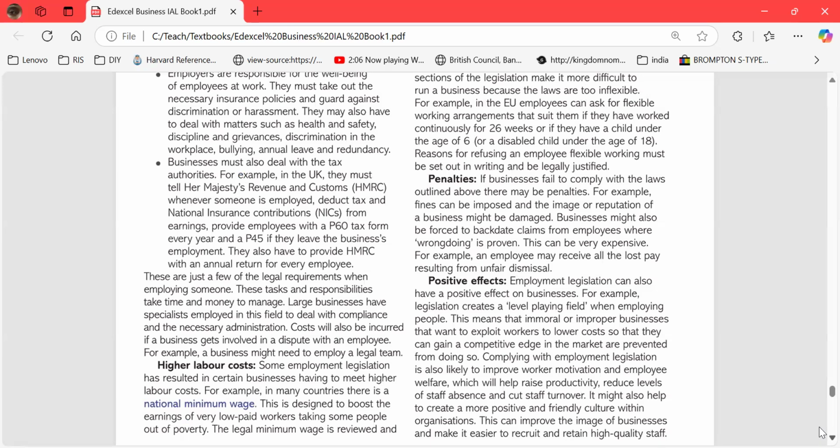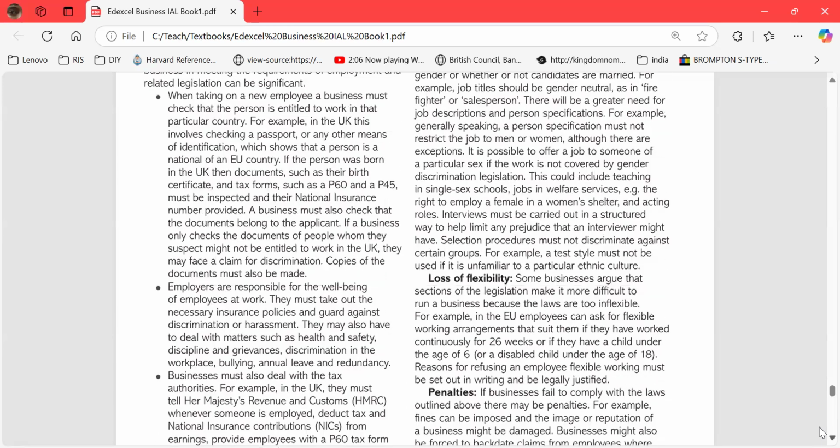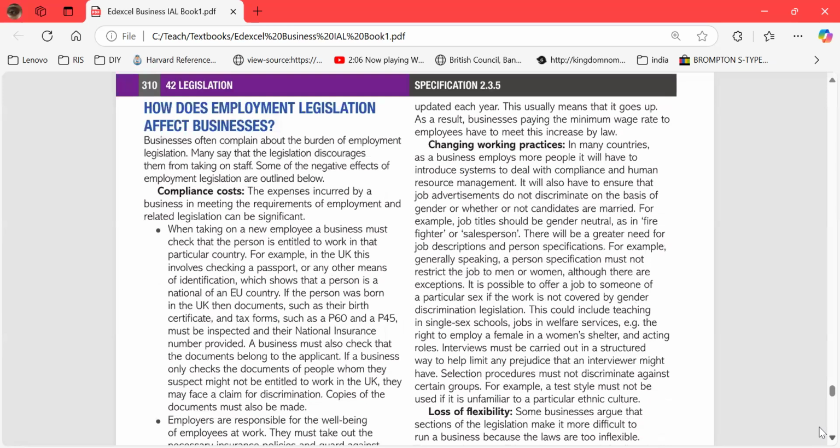The national minimum wage is a law which mentions the minimum amount that needs to be paid to an employee. No one can pay below that amount. So this may increase the labor cost as well as the production cost for the business.